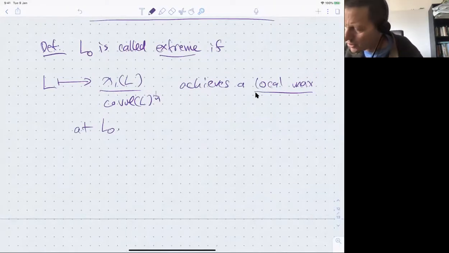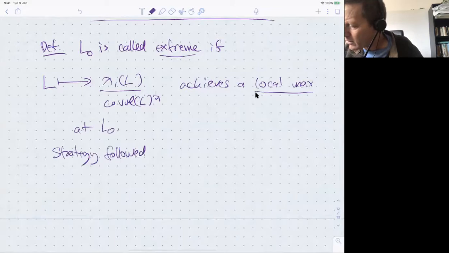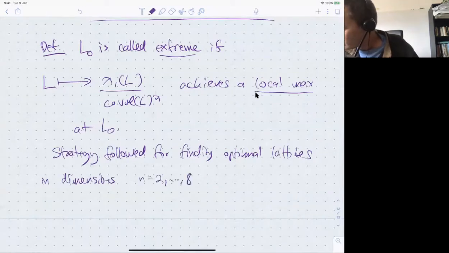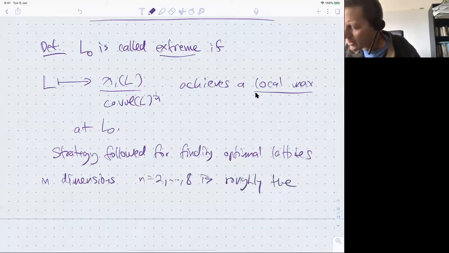So the strategy followed for finding optimal lattices in dimensions n from 2 to 8 is roughly the following.